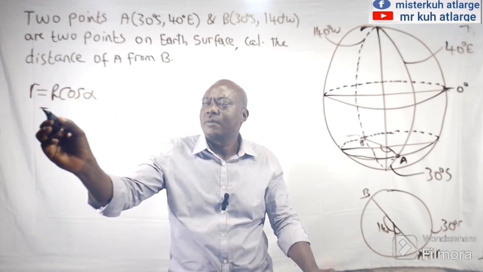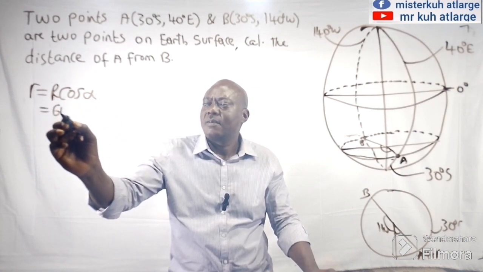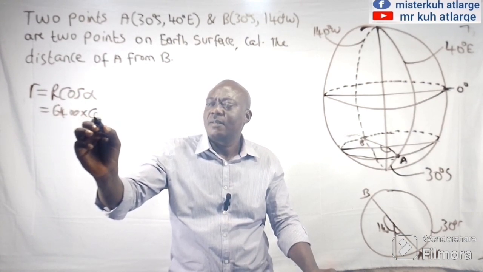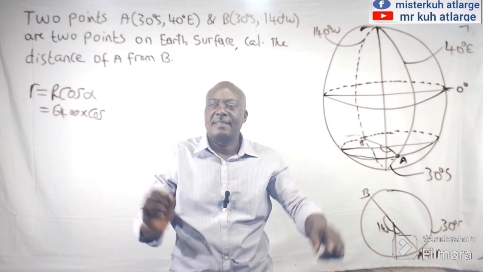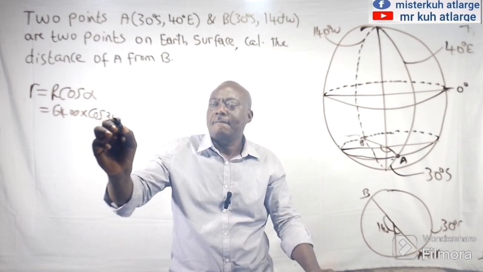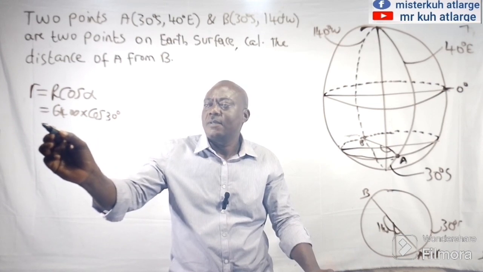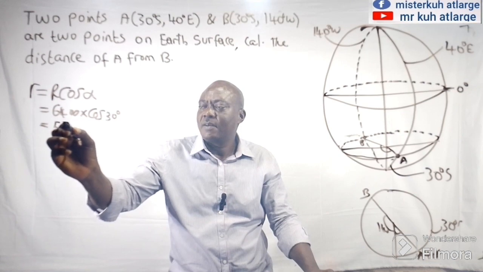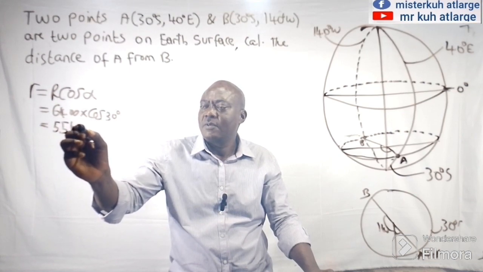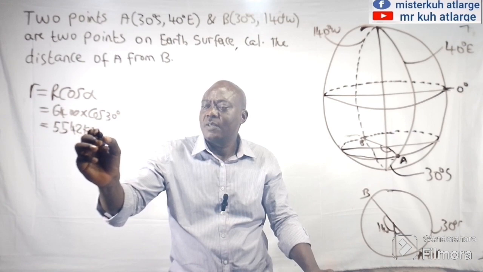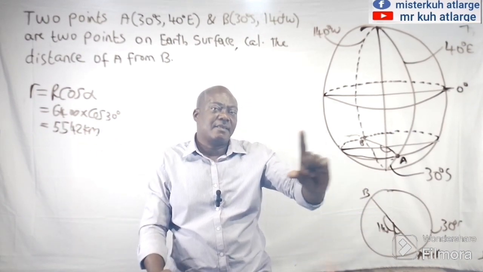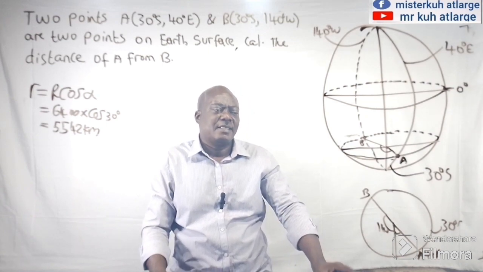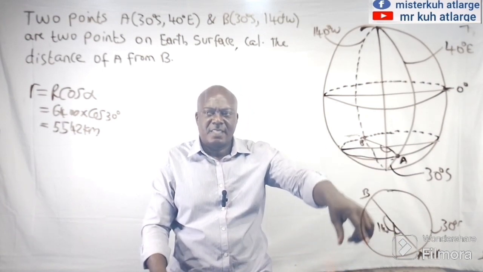So which will be equal to 6,400 kilometer times cos 30, which is going to give you 5,542 kilometer. That's the radius. After getting the radius, now you can use the formula to find the distance.